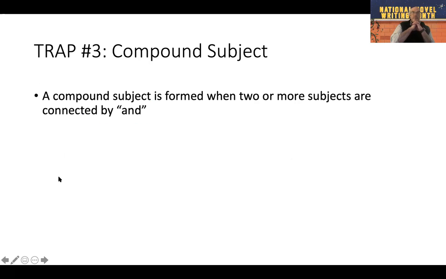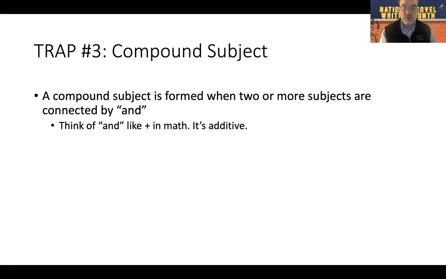All right. Compound subjects can get a little tricky here. A compound subject is formed when you have two or more things connected with "and." We were looking at Bob and Tom earlier, right? You can think of "and" like it's a plus sign in math, right? And by definition is additive.